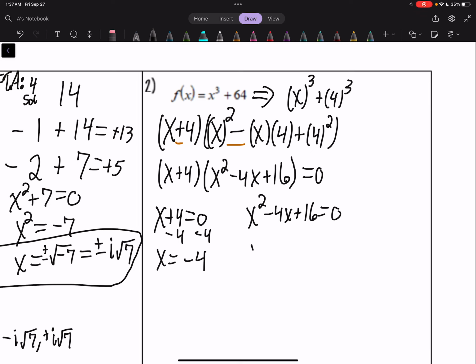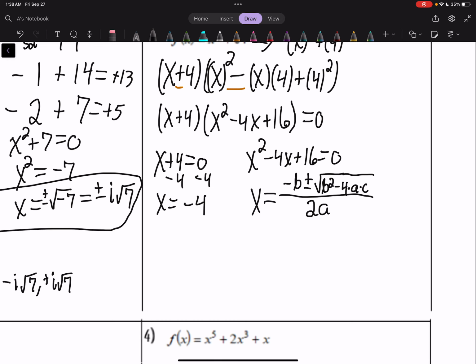I'm going to say x is equal to, and you might know this in a song, negative b plus or minus the square root of b squared minus 4 times a times c divided by 2a. If you've not heard the song, it's nothing spectacular, but it's x is equal to negative b plus or minus square root b squared minus 4ac all over 2a.